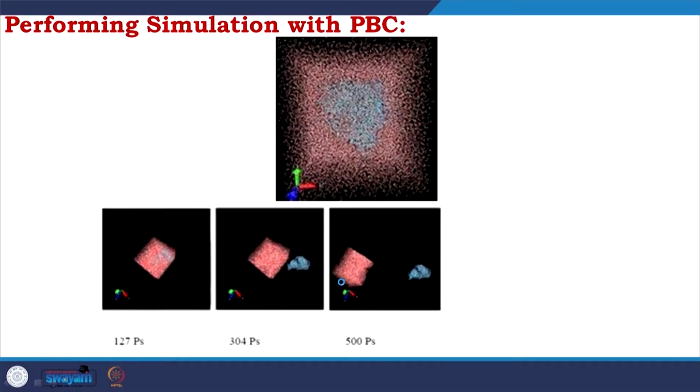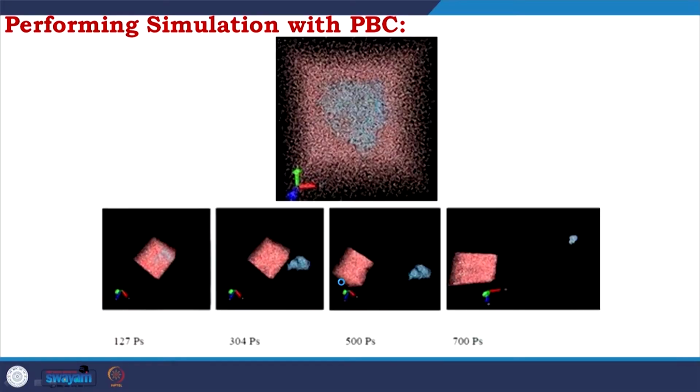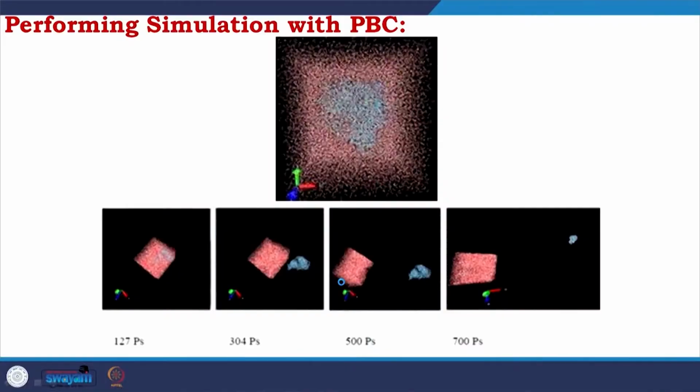There are very interesting problems coming in accord of choosing periodic boundary condition. Let's say you choose periodic boundary condition and you choose a single unit cell. Here is a run where a single unit cell of water molecules is chosen and a protein kept in the center of the box and the simulation run developed.